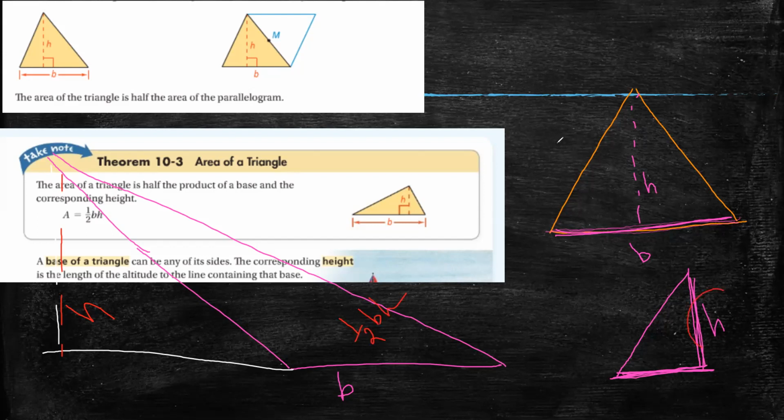Sometimes, if you want to take this leg as a base, you can, but then this is my height, or this is an altitude, which is a red segment that is perpendicular to the base.